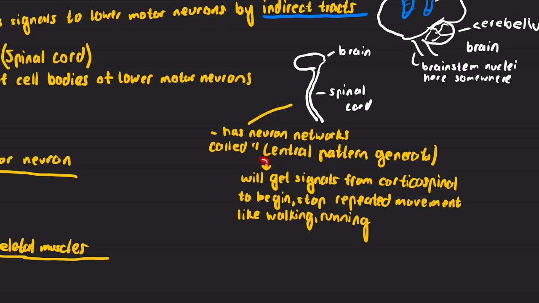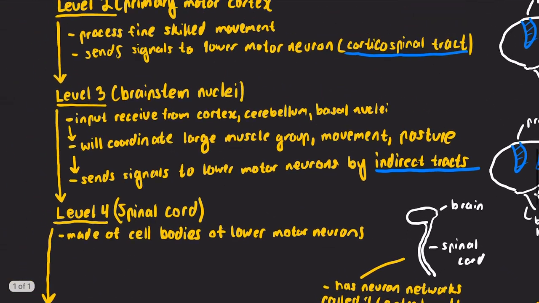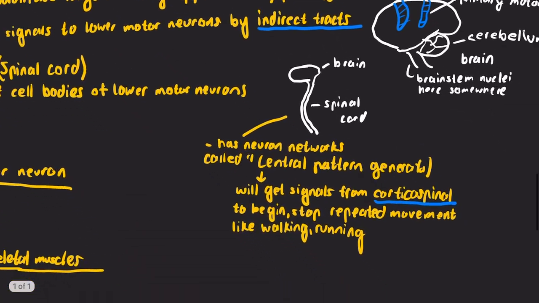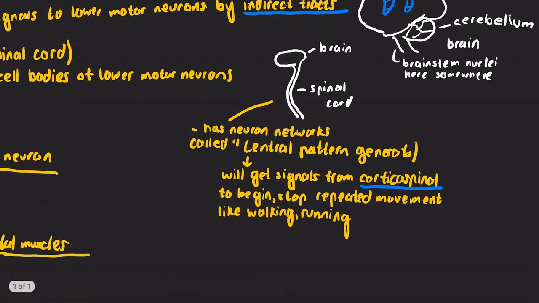They are responsible for getting the signals from the corticospinal tract, which was mentioned earlier on how signals go from primary to lower motor neuron. It will receive those signals and will help with repeated movements.